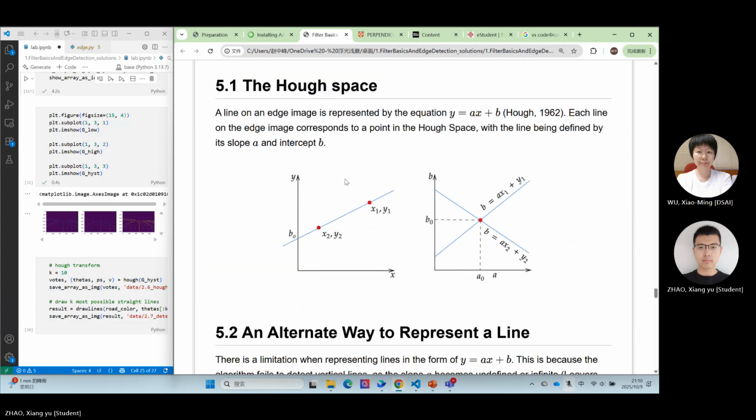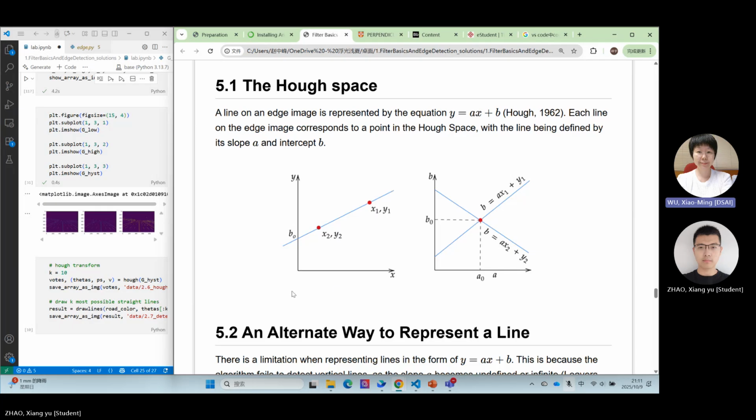A line on an edge image is represented by an equation like this. Each line on the edge image corresponds to a point in the Hough space, with the line being defined by its slope and its intercept.